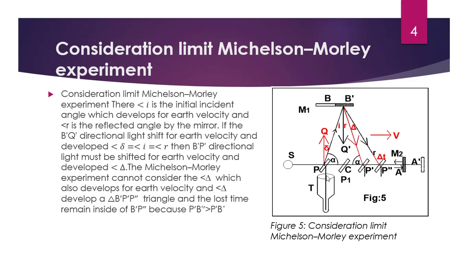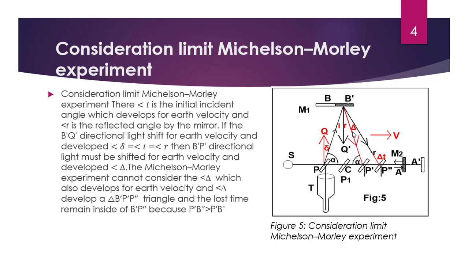Again I explain it. PQ dash directional light developed a delta for the arc velocity and down on the mirror, and the initial incident angle is I, and by the mirror it's reflected and the reflected angle is R. Then the R needs to consider the same arc velocity, otherwise the light cannot come back to its own position.